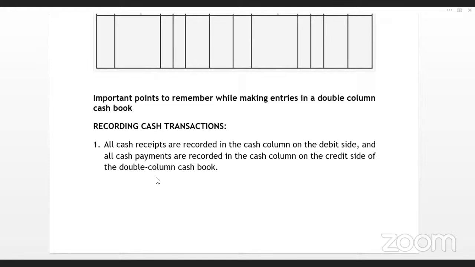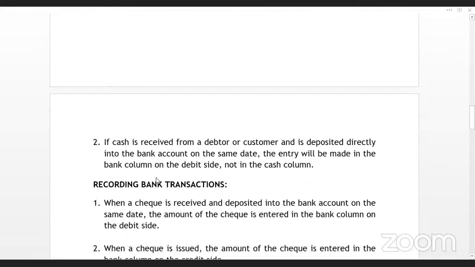Then, what else? If cash is received from a debtor or customer and deposited directly into the bank account on the same date, the entry will be made in the bank column on the debit side, not in the cash column.